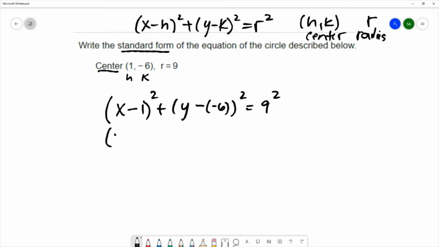This gives me (x minus 1) squared plus (y plus 6) squared equals 81. And this is the standard form of the equation of a circle with center (1, -6) and radius 9.